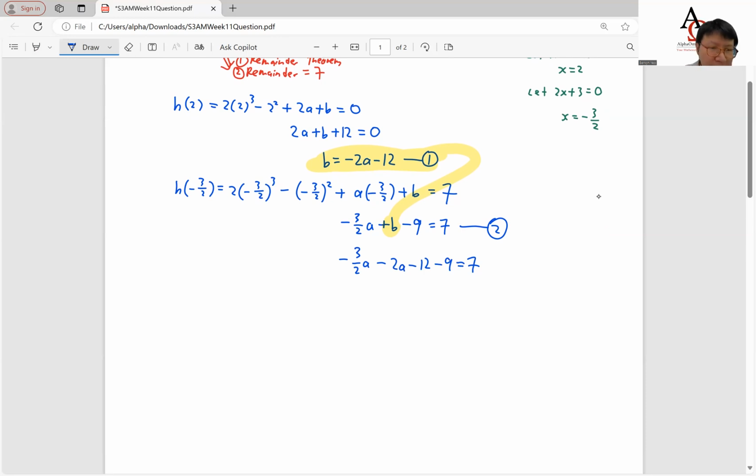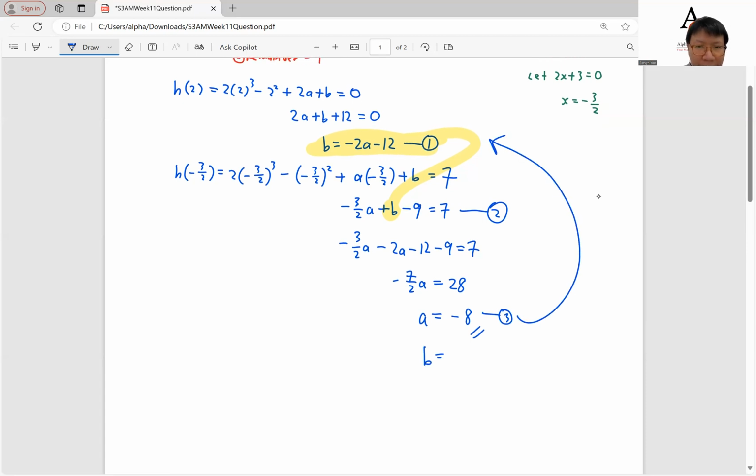So we will have negative 7 over 2a equals 7 plus 21, which is 28. So a will be equal to negative 8. Sub this a back into equation 1, and that will allow us to find b as well. b will be negative 2 multiplied by negative 8, minus 12. So b will give us a value of 4.